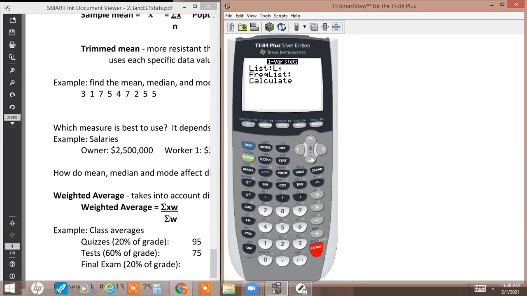Arrow down, it says freq list or frequency list. We're not even using that for this problem. Arrow down to calculate and press enter. All right. X bar, that's the mean. It gives you the sample, even though it might be a population. Okay, so they're calculated the same. X bar is 4.33. That's the mean of this data.